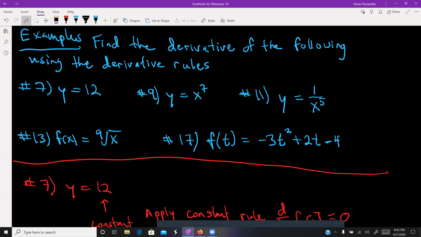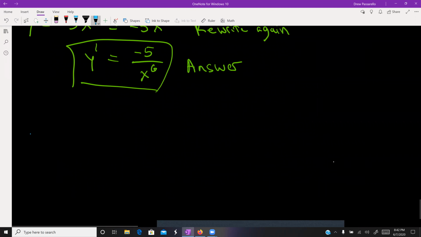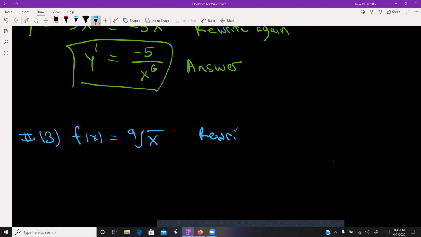All right, 13, f of x equals the 9th root of x. This is a case where I'm going to rewrite also. So I'm going to rewrite it into a format that I can take the derivative.